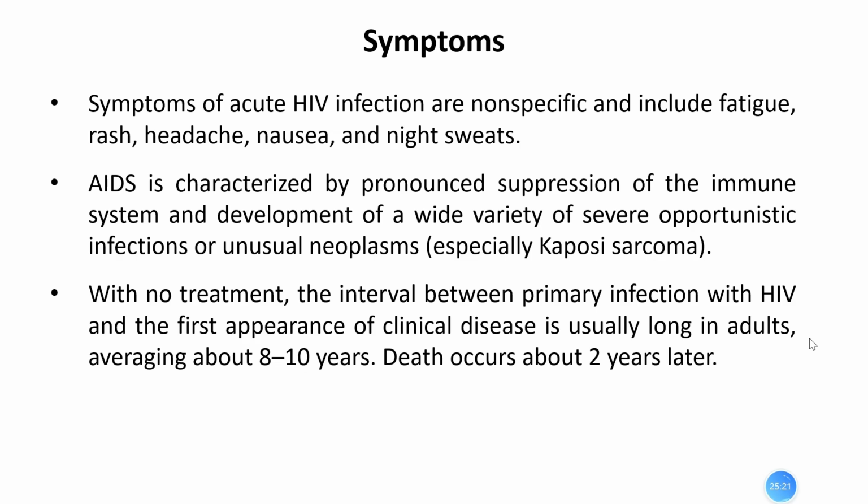And with no treatment, the interval between primary infection with HIV and the first appearance of clinical disease is usually long in adults. It takes about 8 to 10 years. Then death might occur about 2 years after the symptoms develop. So this is the course of HIV infection.